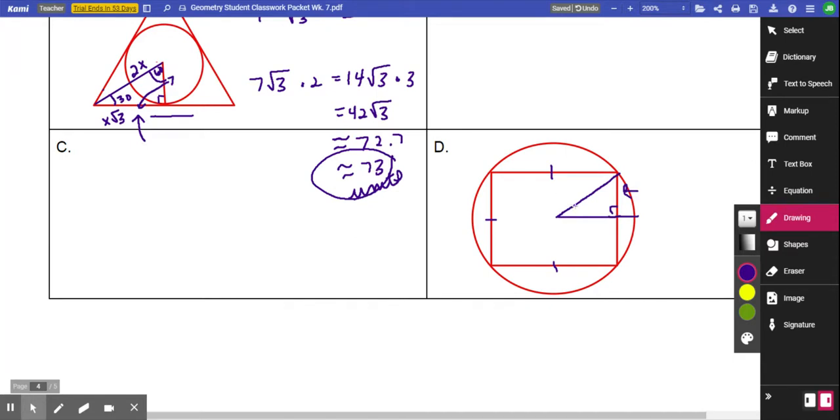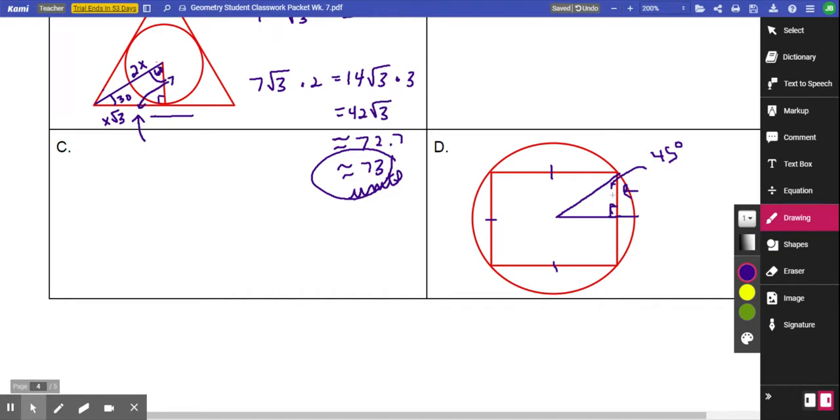So this is a right triangle. This would be divided by 2, right? That would be 45 degrees. So I can use the fact that this is a 45-degree angle to help me here.